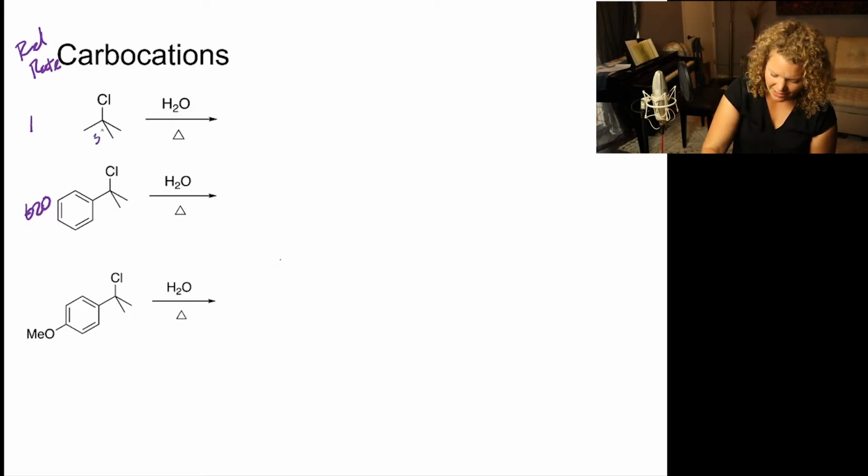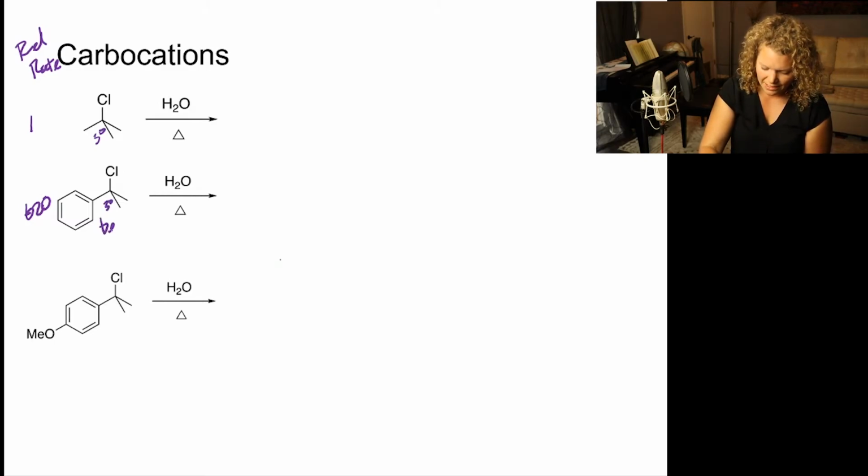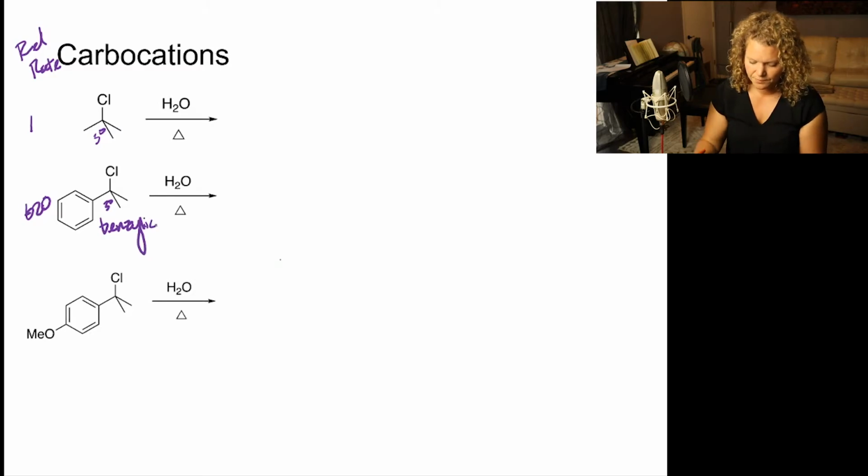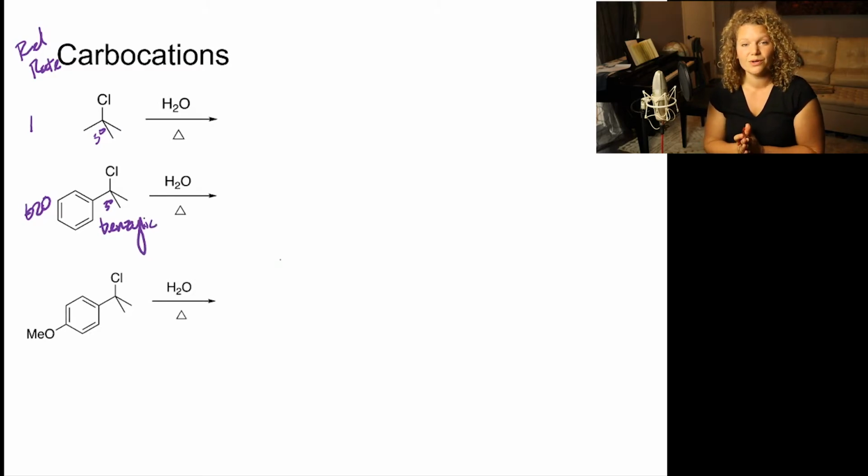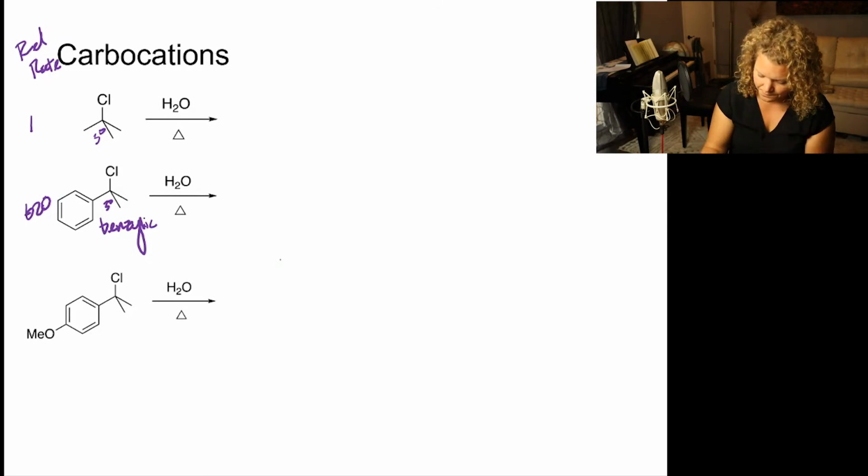You'll notice we've got these tertiary positions, but this one is benzylic. Let's go through this reaction with this methoxy substituted benzene ring. Our first step here is going to be loss of our leaving group.